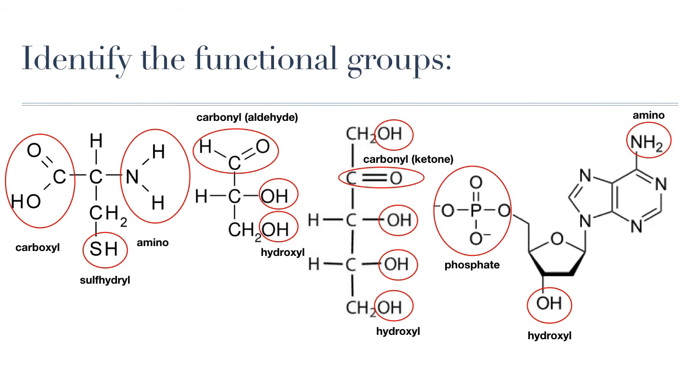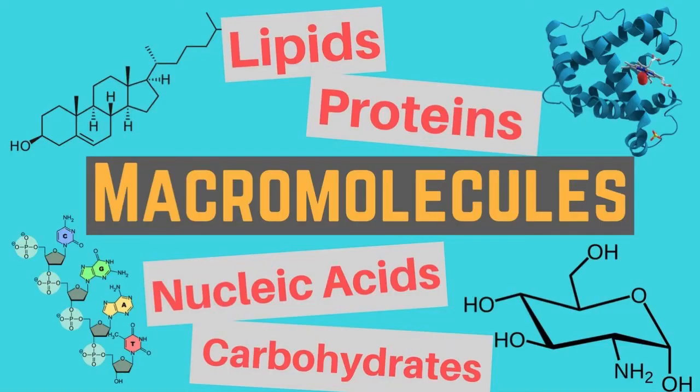When we explore biochemistry in the next section, you will see how these functional groups play a role in the structure of the macromolecules of life, the 4 main macromolecules of life, which are carbohydrates, lipids, proteins, and nucleic acids, as I mentioned earlier in this lesson.